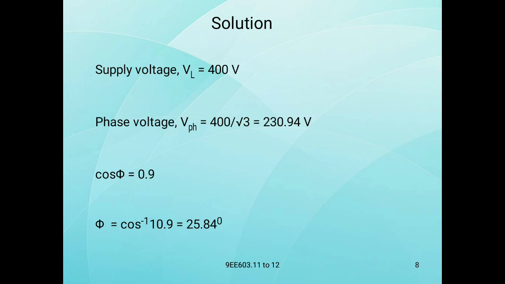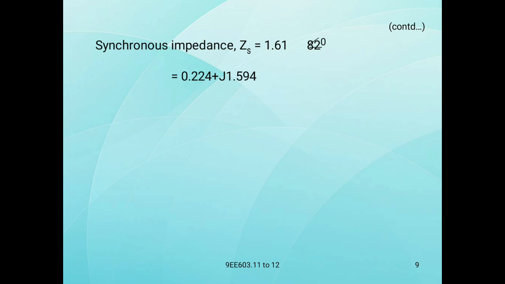Here cos phi is 0.9, so phi is cos inverse 0.9, that is 25.84 degrees. The synchronous impedance 1.61 angle 82 degrees is nothing but 0.224 plus j 1.594, so RA is 0.22 ohms per phase and Xs is 1.594 ohms per phase.